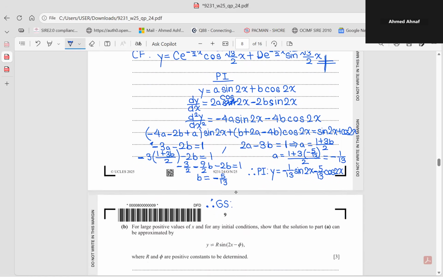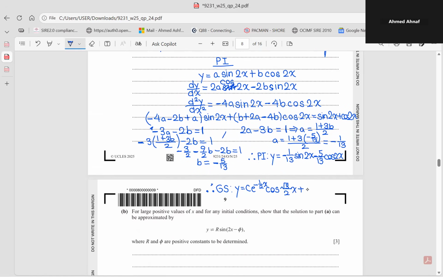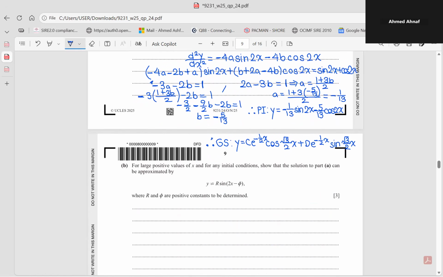It is y equals c times e to the power of negative half x cos square root 3 over 2 x plus d times e to the power of negative half x sine square root 3 over 2 x minus 1 over 13 sine 2x minus 5 over 13 cos 2x.